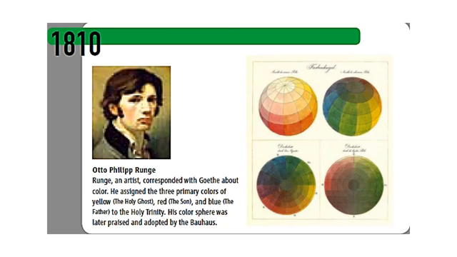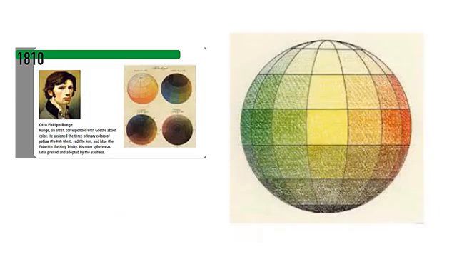Otto Runge attempted a three-dimensional depiction of color, and he wanted to demonstrate that color was not only a function of hue, but also value and saturation. In his sphere, the equator, the center line, was made up of pure saturation colors, and they traveled as tints and shades toward the 2 outer poles, which are pure black and pure white.